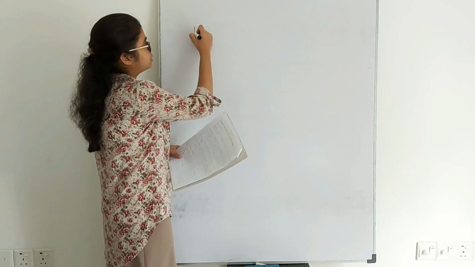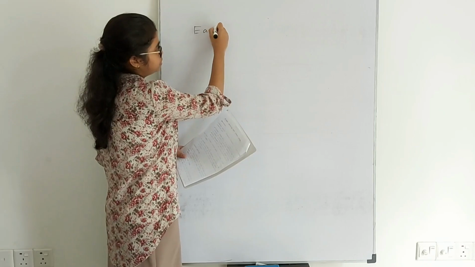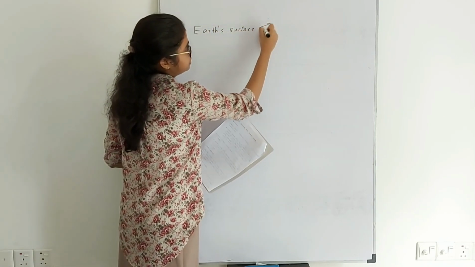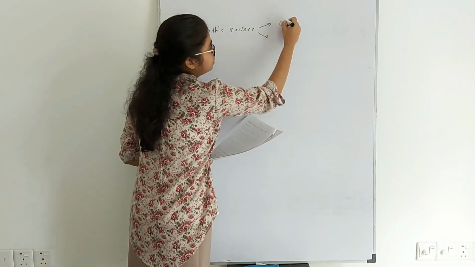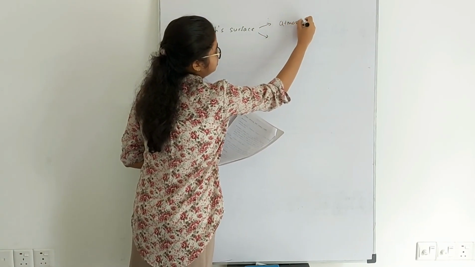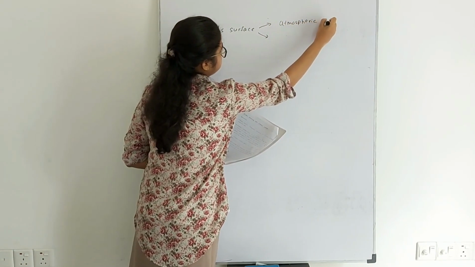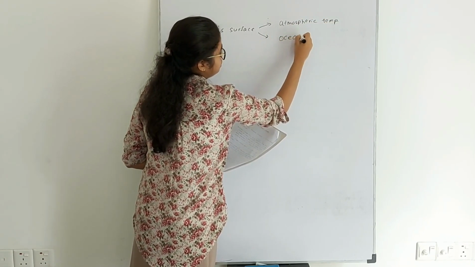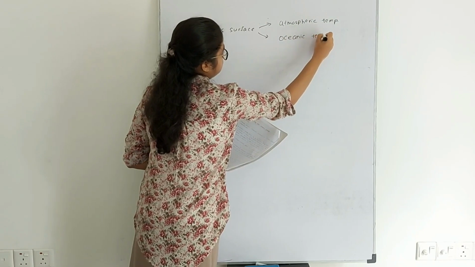When we speak about Earth's surface, it refers to two terms: atmospheric temperature and oceanic temperature.